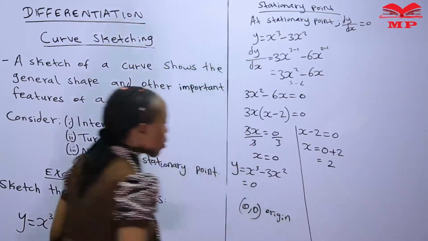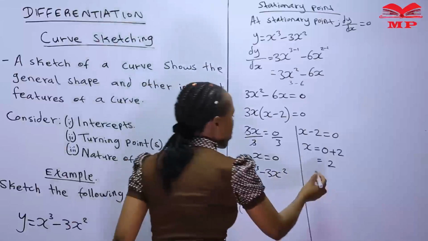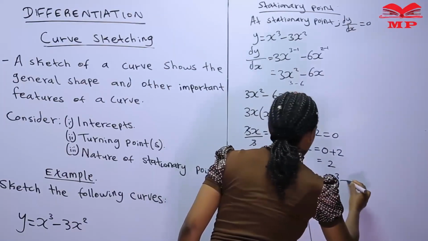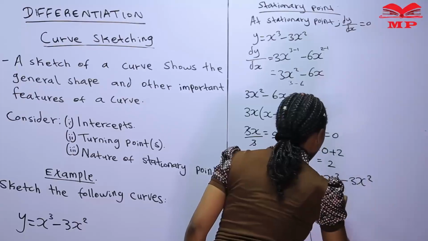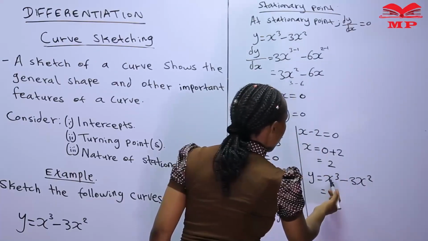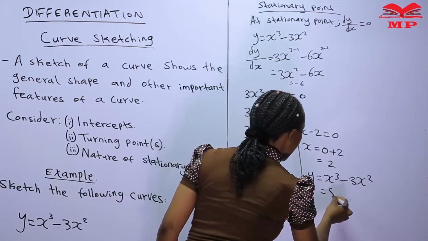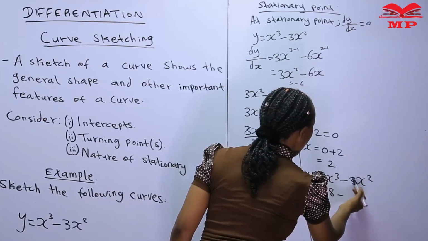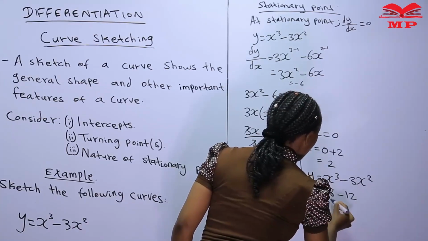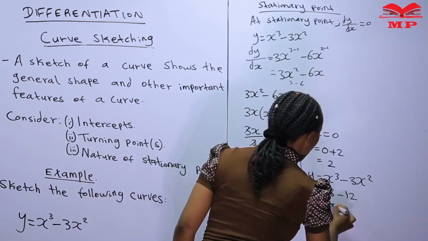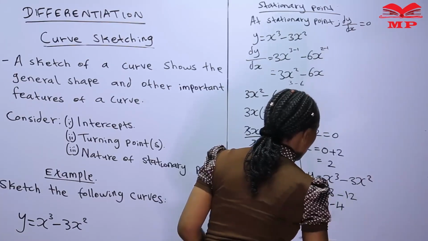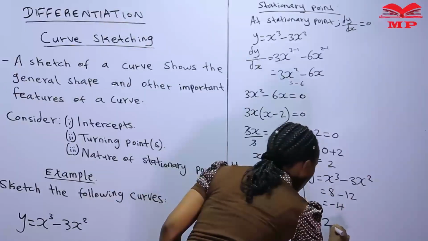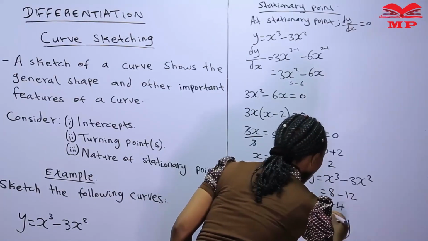Then when x is 2, we have 2 raised to power 3 is 8, minus 2 raised to power 2 is 4, 4 times 3 is 12. So we have 8 minus 12, which is negative 4, and therefore the point is x is 2, y is negative 4.